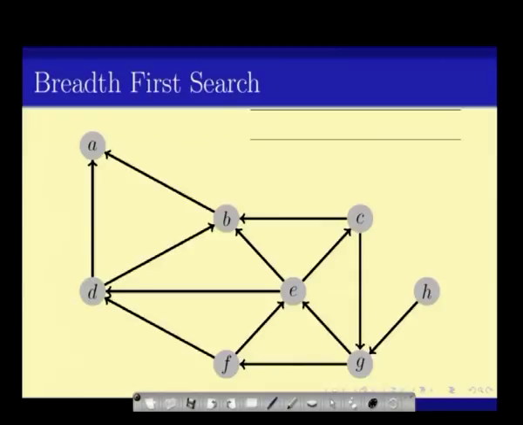Just as in the case of depth first search we used the concept of a stack, in the case of breadth first search we will have to use something called a queue. A queue is a data structure which basically represents how a queue occurs. So, how does a queue occur?